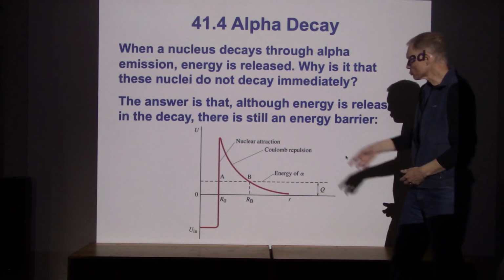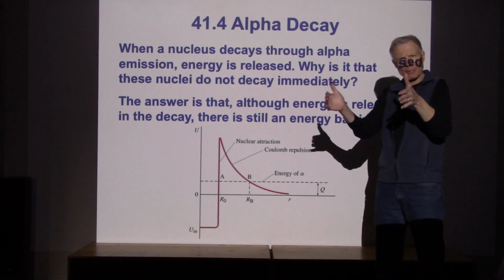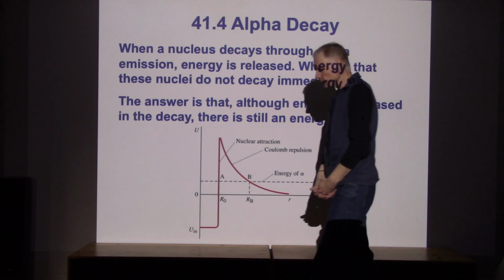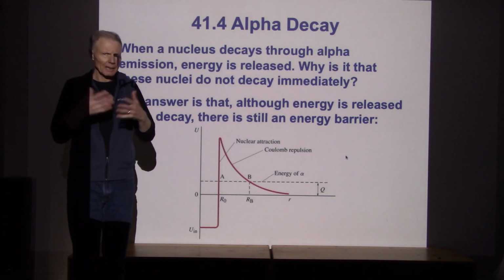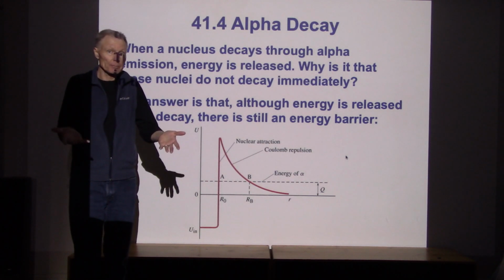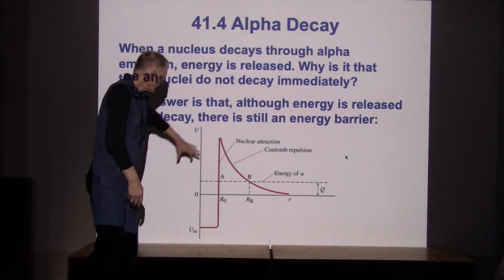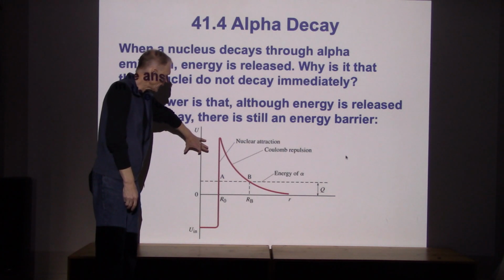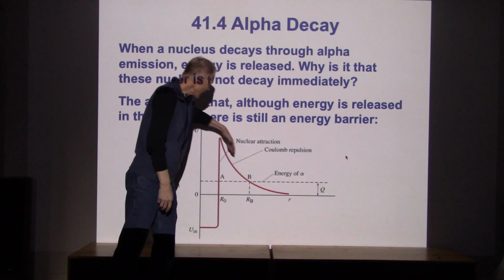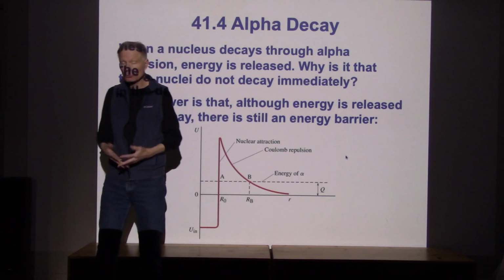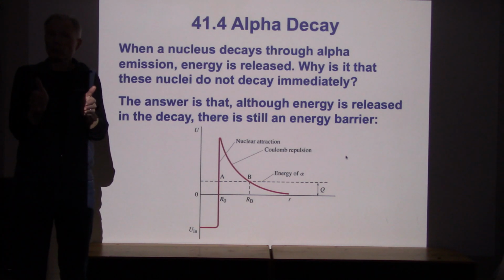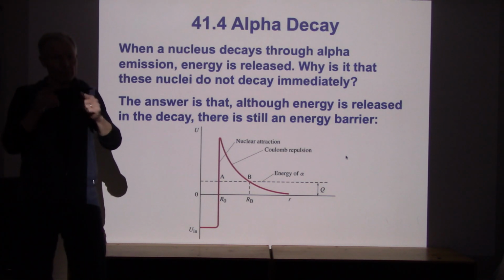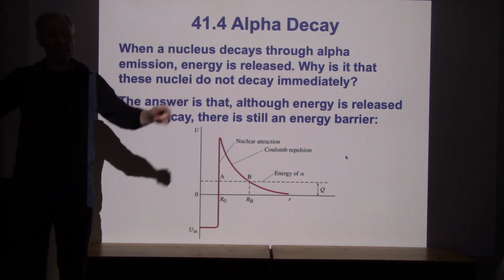Now, there's a strong force that creates a barrier holding all those protons and neutrons together. But we can calculate a certain probability that some of those particles in the nucleus could find themselves outside the range of the strong force. Remember, the strong force acts only over a short distance. So the wave functions are going to spread outside of that range.